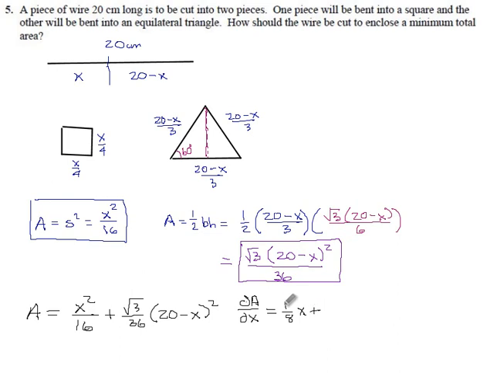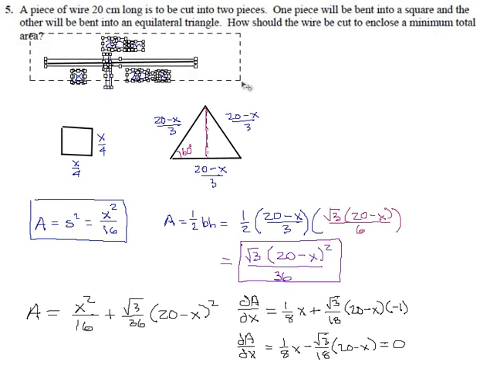And then first we do the power rule: 2 times root 3 over 36 becomes root 3 over 18, times 20 minus x to the 1 now, times the derivative of the inside, which is negative 1. There isn't a lot of cleanup to be done. We get dA/dx equals 1/8 x minus root 3 over 18 times 20 minus x, and we want all that to equal 0.